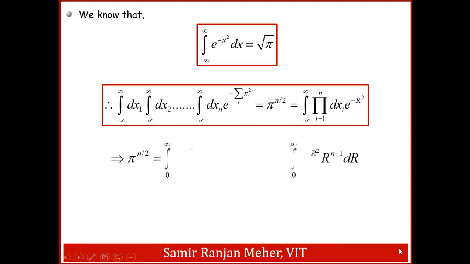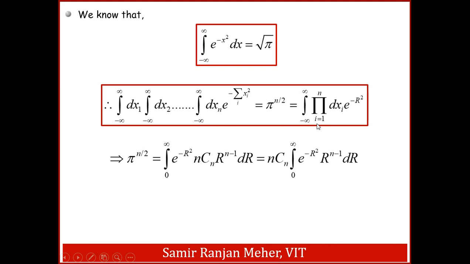So this pi to the power n by 2 can be written as, now the product of i equal to 1 to n dxi, as previously obtained, can be written as exponential minus r square n Cn r to the power n minus 1 into dr. Here n Cn r to the power n minus 1 dr is obtained from the previous slide for the product of dxi.